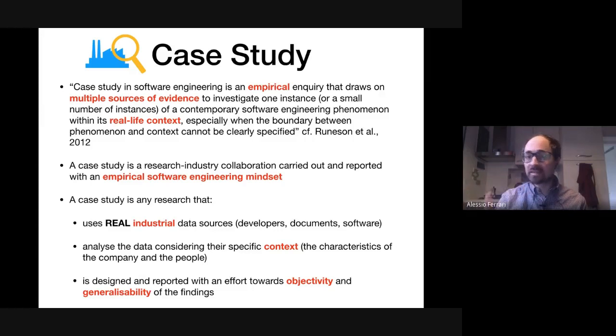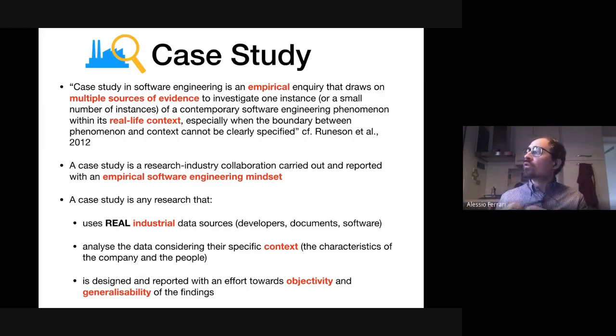This suggests that this is not just qualitative or quantitative, but oriented to mix all the things that you have learned in the previous lectures. It investigates one or a few instances of a contemporary software engineering phenomenon, so a phenomenon that is not historical, it's something that is relevant now.